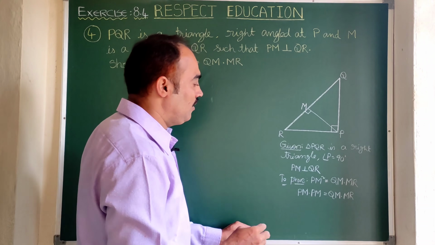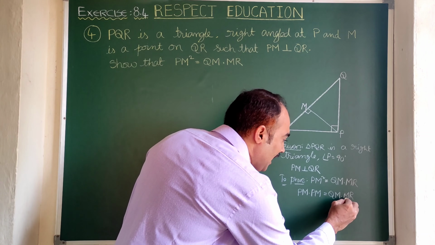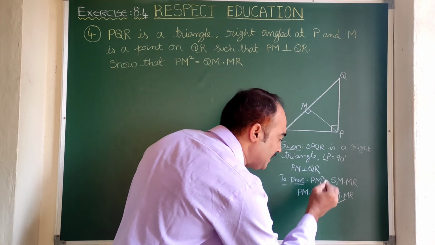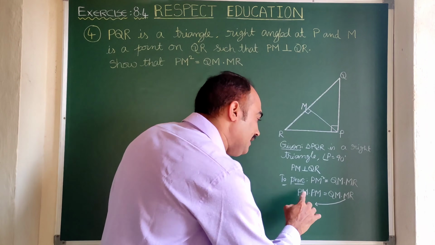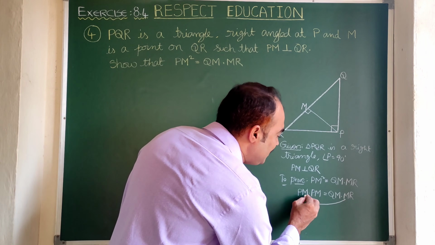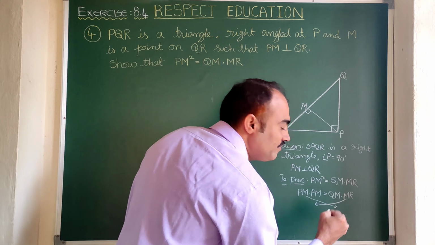Now here what I am going to do, MR I am moving from right hand side to left hand side, so it becomes a denominator. Same way PM, here I am moving this PM to that side, so it will become the denominator.